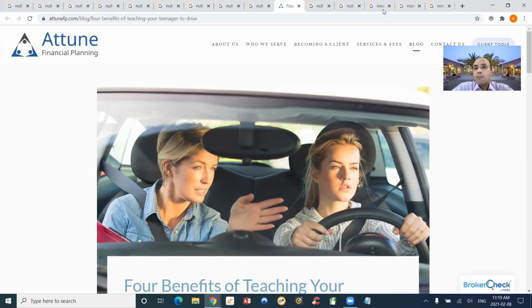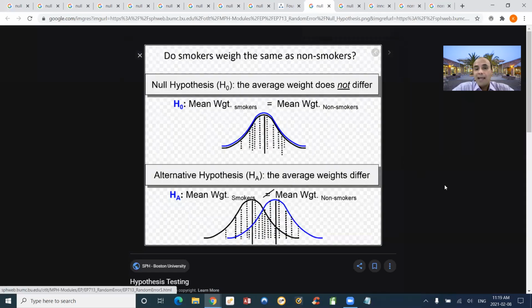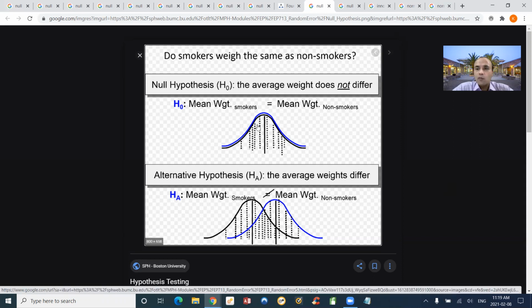But when we talk about, for example, smoking and weight, who is going to enforce this? There is no law. There is no rule. There is no action that is going to force this relationship to happen. And therefore, this is not going to be just yes and no. This is not going to be 0 and 1.